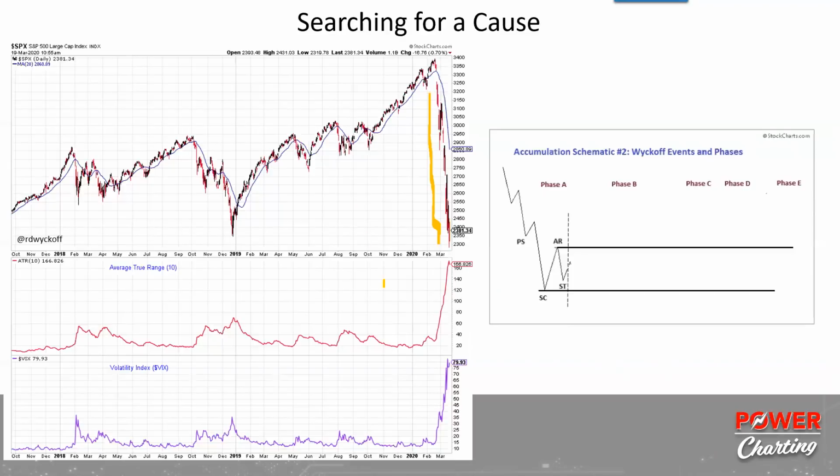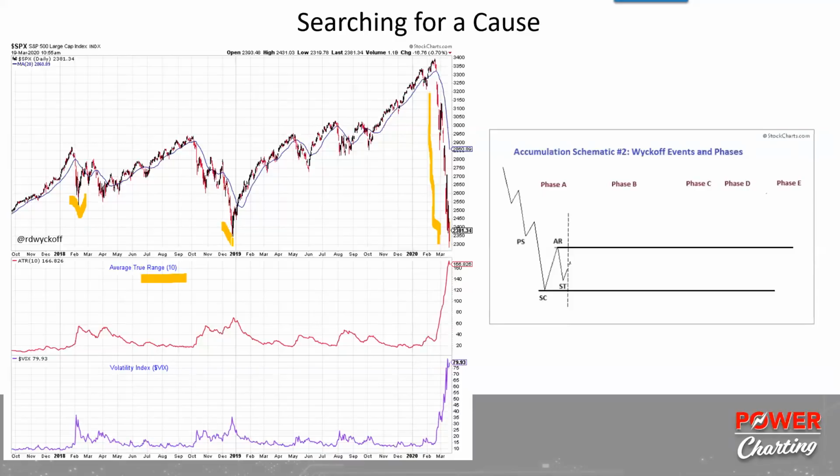What I've done is put below it two volatility indicators that we use often, especially average true range. This is average true range, 10 period. You can see this is the area that it operates in, really never getting above 60. This was the climactic surge, the selling climax of early 2018 into February.